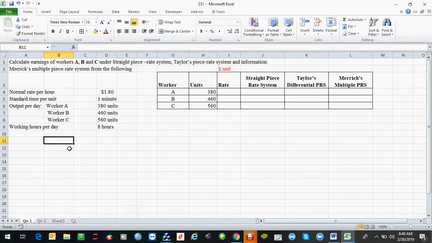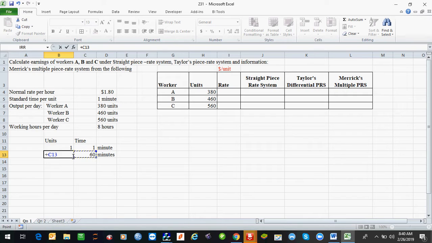So let's put our formula. We have units and then time. We are given that 1 minute is equal to 1 unit. Then 60 minutes, which is 1 hour, is 60 minutes times 1 unit per minute.